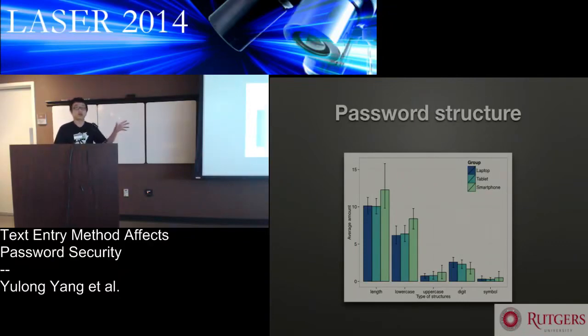The bars show the mean value of each group, and the whiskers show the 95% confidence interval of each group based on bootstrap, because our data was not normally distributed. So you could already see that the password length and lowercase letters are different across groups, right? And the rest of them are kind of similar.